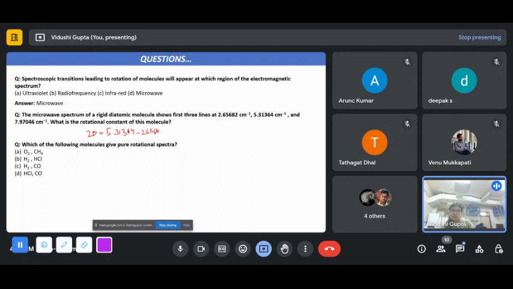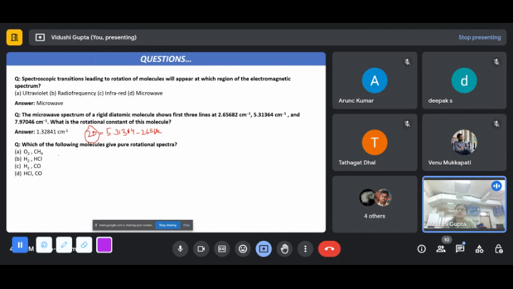The value of 2B after solving will be 1.32841 centimeter inverse. You know the difference in the rotation lines is 2B, and it will be equal to the subtraction of these two terms, or you can also write 7.97 minus 5.31. The answer will be the same in both cases.